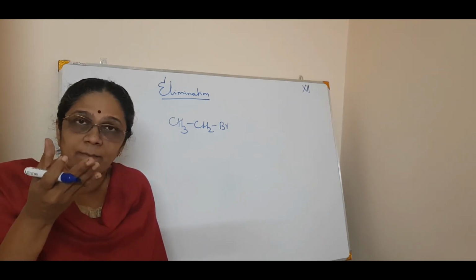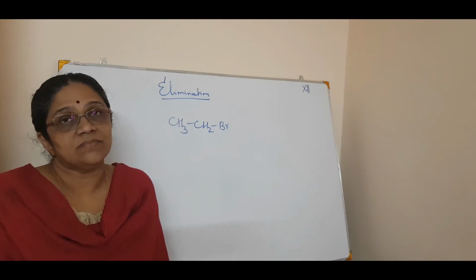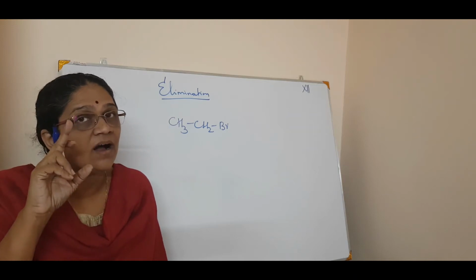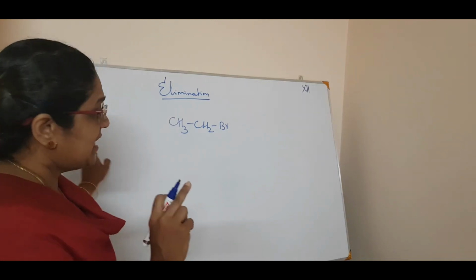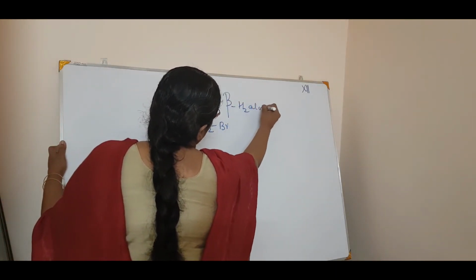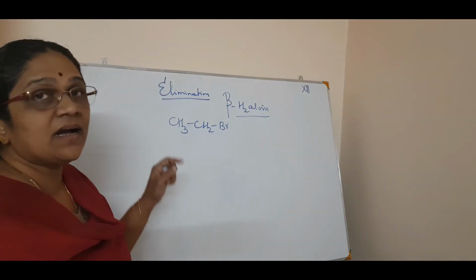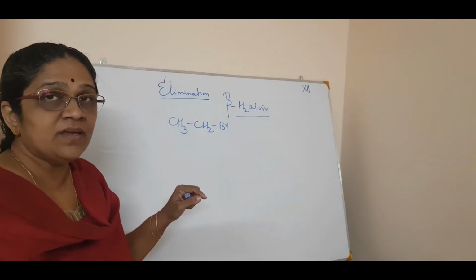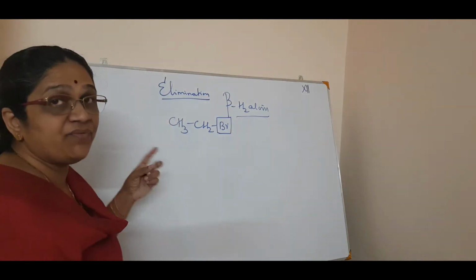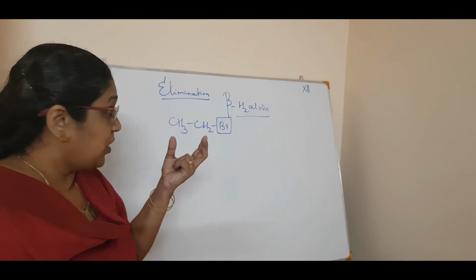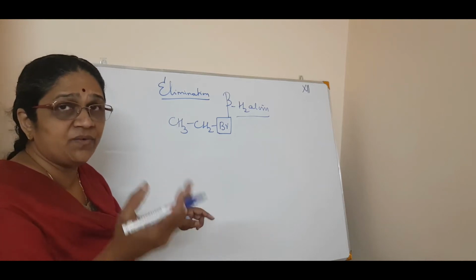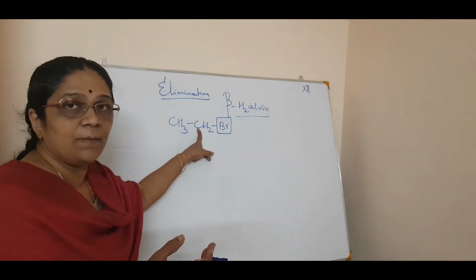that compound must contain, listen very carefully, that compound must contain a beta hydrogen atom. What is it? This compound contains a beta hydrogen atom. Now what do you mean by a beta hydrogen atom? What is an alpha hydrogen atom? See, you have a halogen atom here and we are studying the haloalkanes, a functional group. The carbon atom which is attached to that functional group, anything, CHO, COOH, whatever it be, that is called the alpha carbon atom.